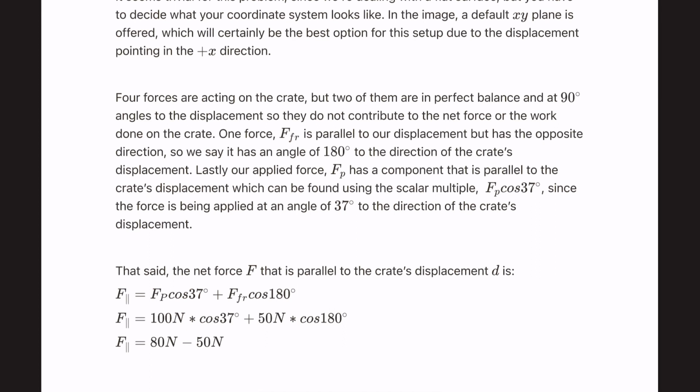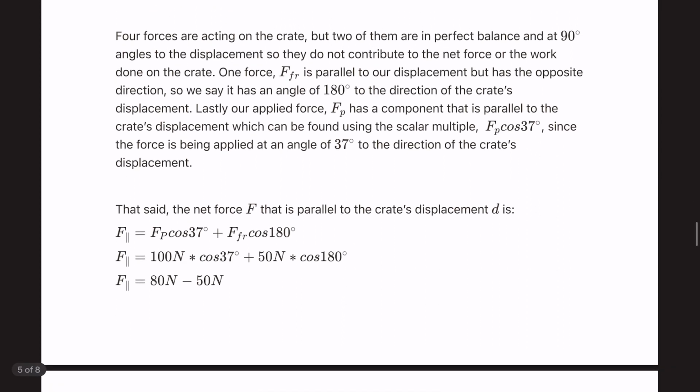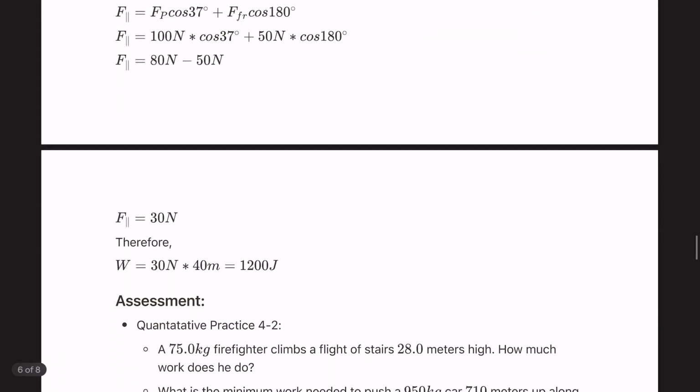Plugging those into the calculator, you'll have 100 newtons times cosine 37 degrees plus 50 newtons times cosine 180 degrees, and this will give you roughly 80 newtons minus 50 newtons. Cosine 180 is just -1, so effectively we are taking negative 50 newtons. That sums to 30 newtons that is parallel and going in the same direction as our displacement.